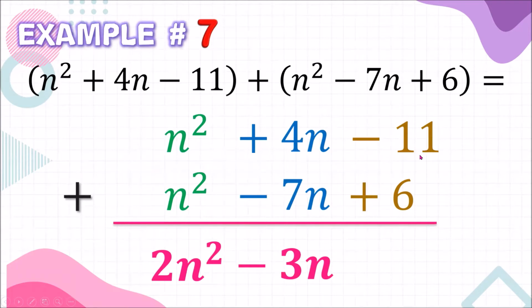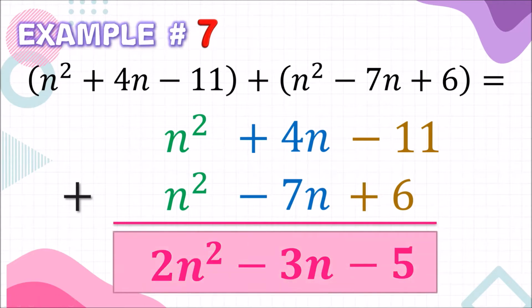And then negative 11 plus 6, again, different signs, subtract. So we have here 11 minus 6, we have 5, and the sign will be negative because of 11. 11 is greater than 6, so we have here negative 5. Final answer, 2n squared minus 3n minus 5.